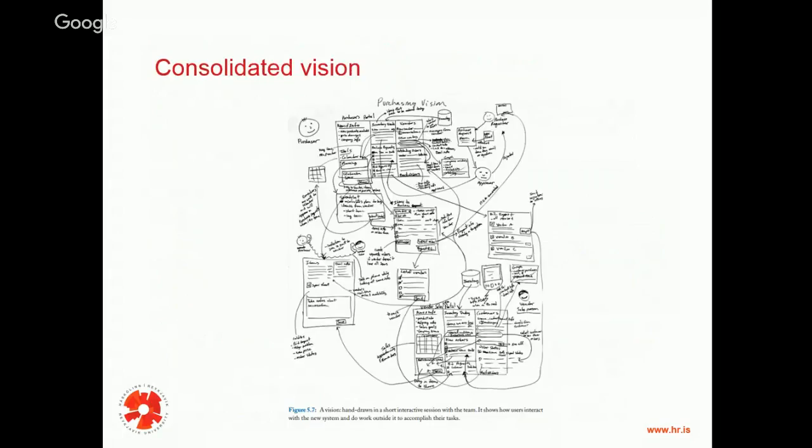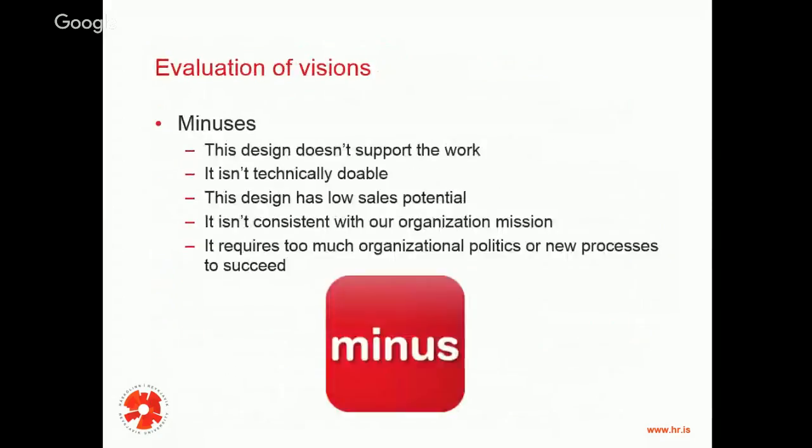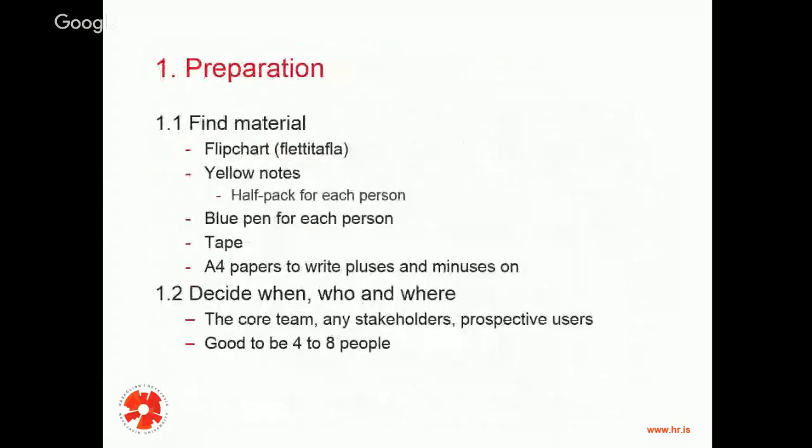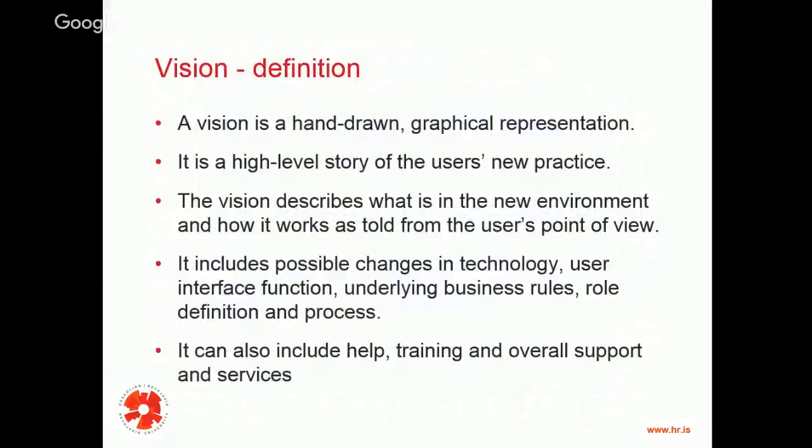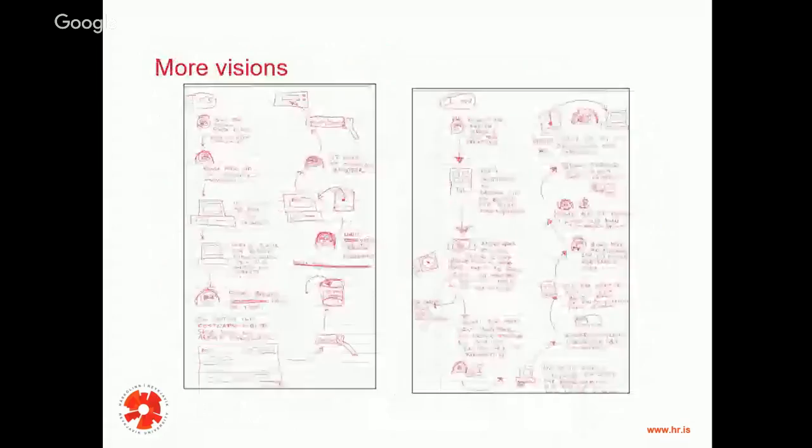So the consolidated vision, here's an example from the book. And we had also an example here. Where was this one? This was on a consolidated vision. This was built from more than one; they began making 4 visions, and then they made the consolidated vision.